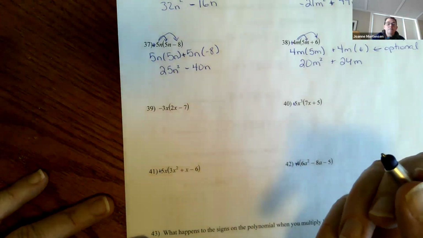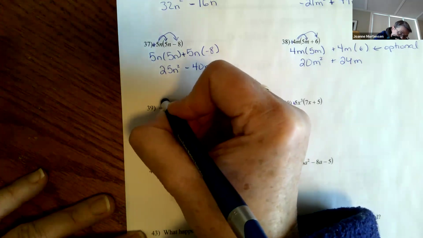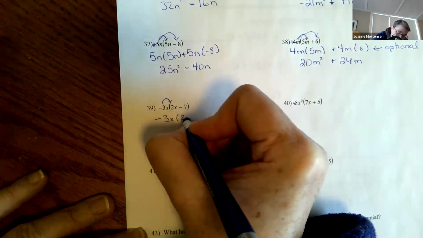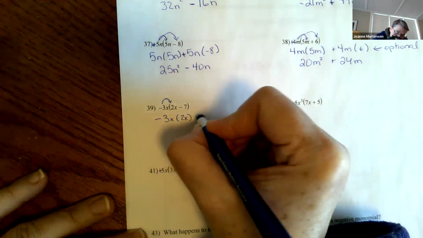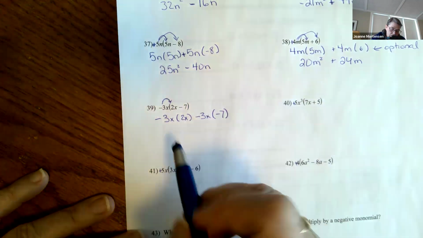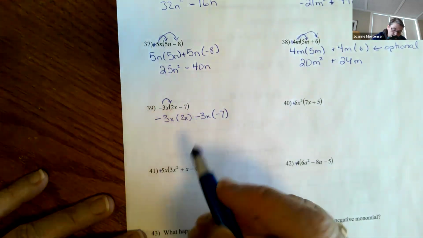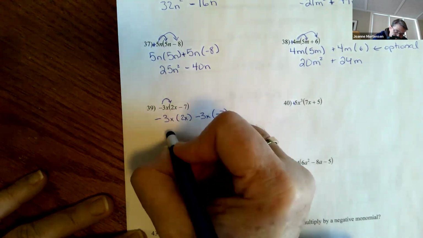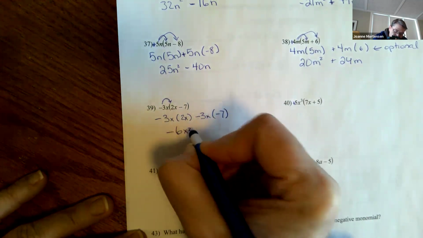Oh, pay attention, we got a negative out front. So minus 3x times 2x and minus 3x times minus 7. So this sign comes with it. So negative 3 times 2 is negative 6x squared.